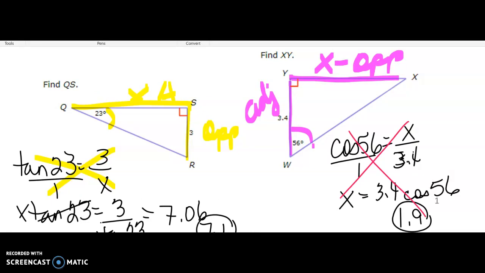Okay. Opposite and adjacent is tangent. I don't know what I said. So basically, this is tangent. So 3.54 tangent 56. 5.0. Sorry about that. At least I caught it, huh? 5.0.